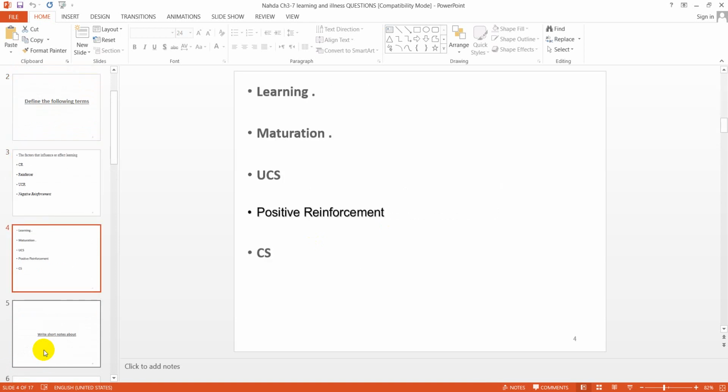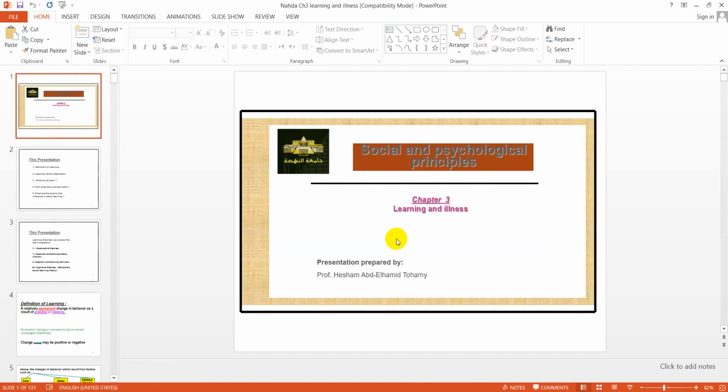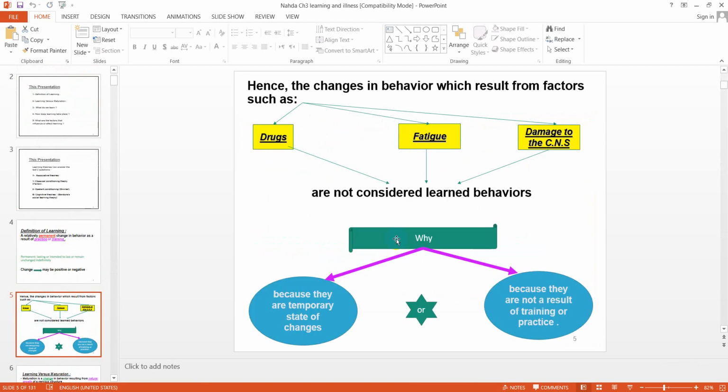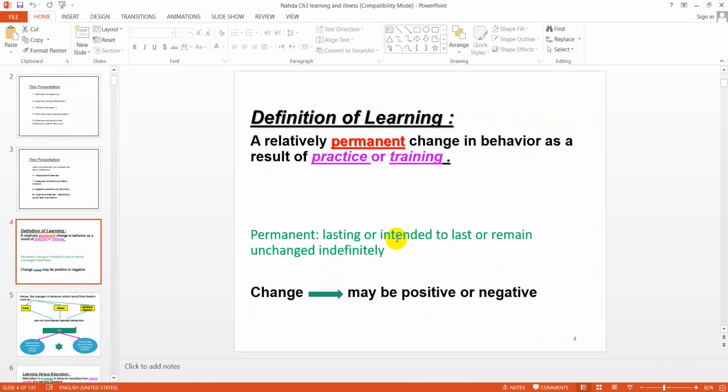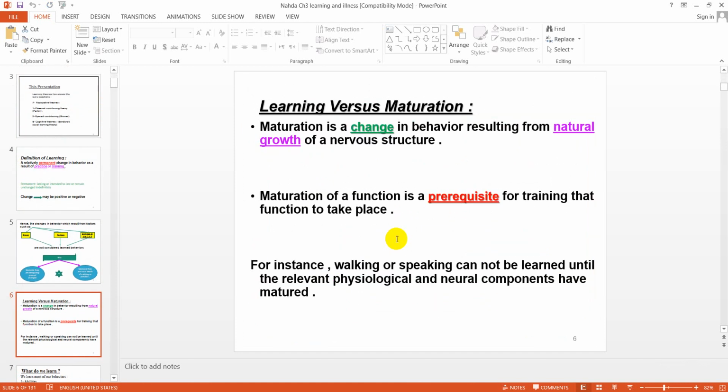Now, what is the definition of learning and the definition of maturation? Now go and check this slide. This is the definition of learning: a relatively permanent change in behavior as a result of practice or training. And this is the definition of maturation.